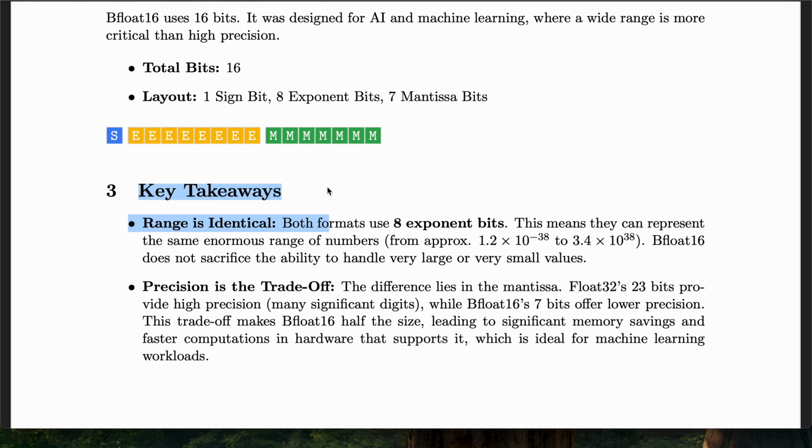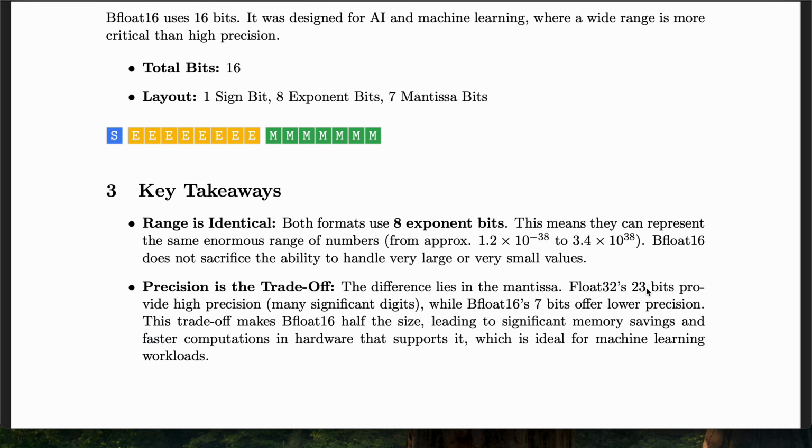So here are the key takeaways. The range is identical, both for float32 and Bfloat16. Both formats use 8 exponent bits. That means they can represent the same enormous range of numbers from approximately this to this. And Bfloat16 does not sacrifice the ability to handle very large or very small values. And here is the trade-off. The difference lies in the mantissa.